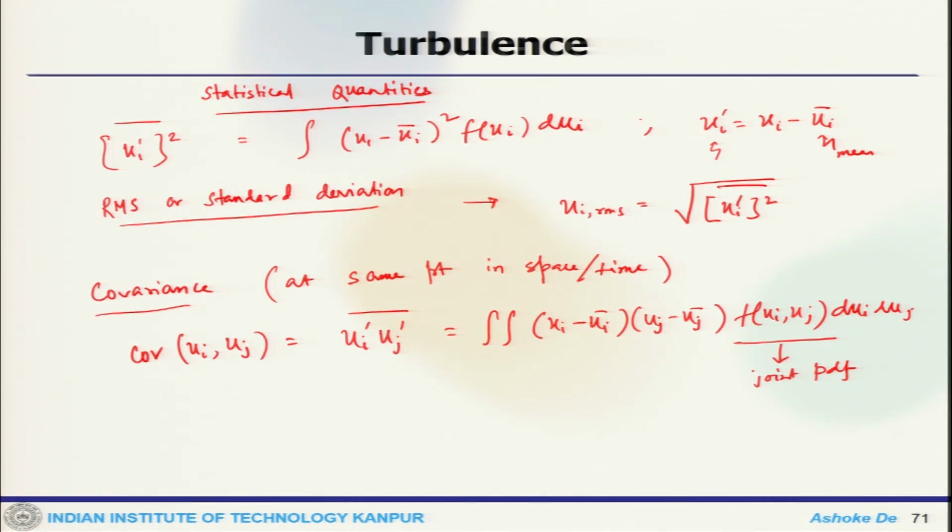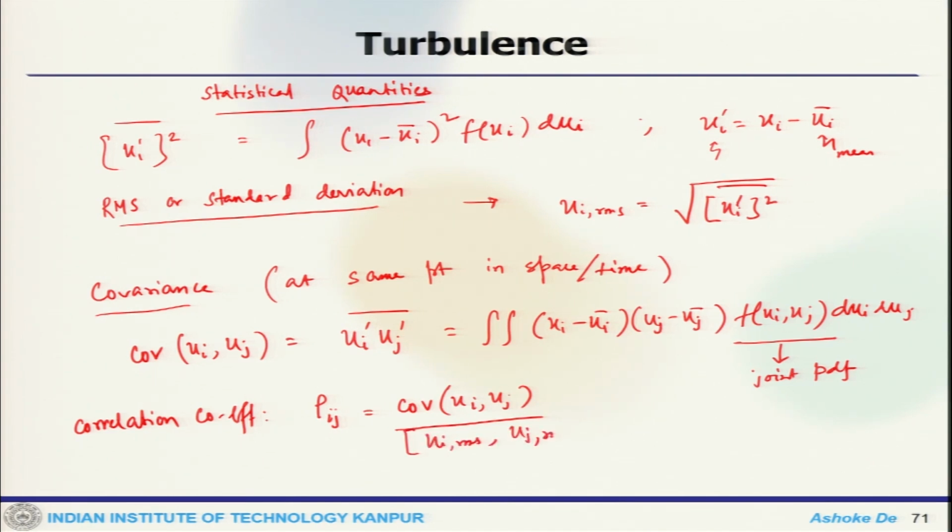Now, the other one is the correlation coefficient, which we can say rho_ij equals the covariance of u_i u_j divided by u_i RMS times u_j RMS.